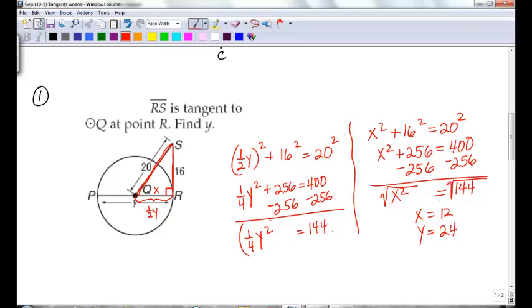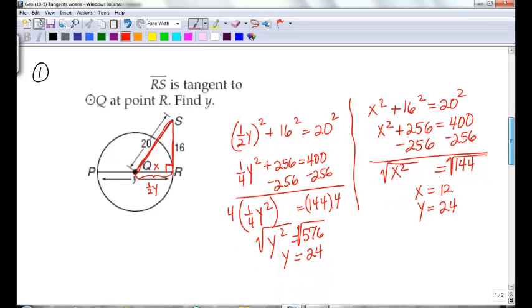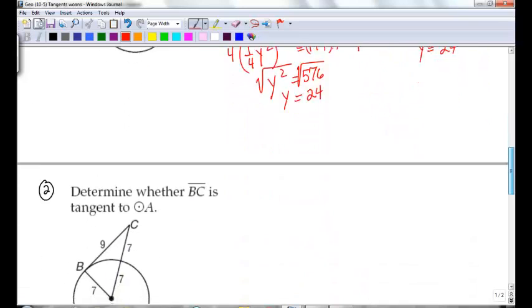Multiply by 4 on both sides to get rid of the fraction. So you'd have y squared equals 576. Then take the square root of both sides. Your method might be different, but you should still get 24. And I don't care which way. If you don't like working with fractions, you want to do that the other way, that's fine.